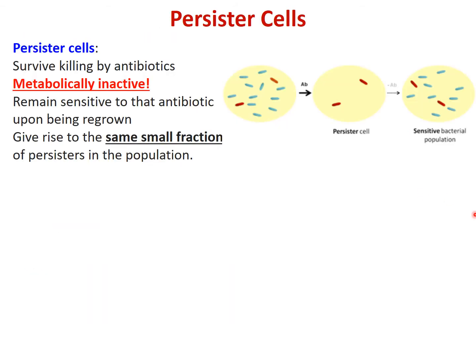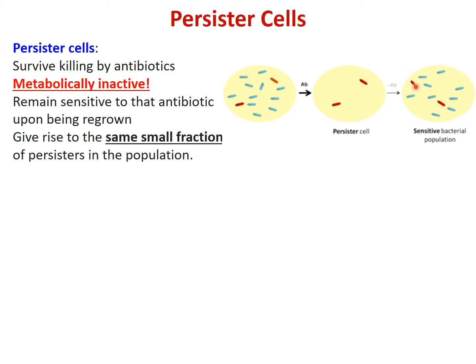I find persister cells to be just fascinating. Persister cells survive killing by antibiotics. If you look at a population of cells, we have these normal cells in blue, and the persister cells are shown here in red. Now, you treat with an antibiotic, the persister cells survive. These blue ones die off.